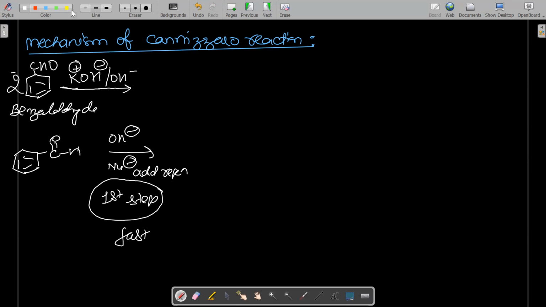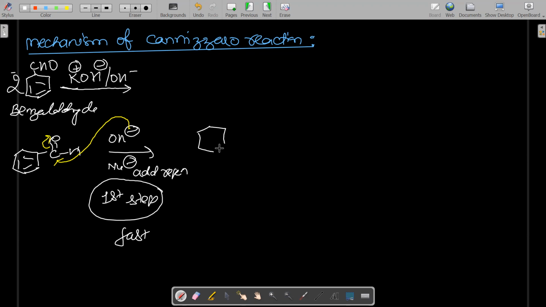So how does this mechanism occur? This nucleophile always attacks the positive carbonyl carbon, and the pi bond shifts to the oxygen.